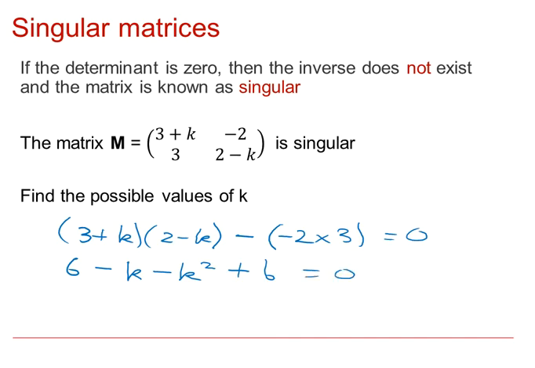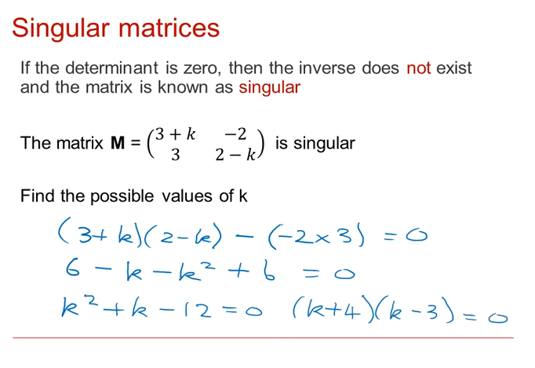So in other words, we have that k squared plus k minus 12 equals 0, which factorises to k plus 4, k minus 3 equals 0, thus giving us k equals 3 or minus 4.